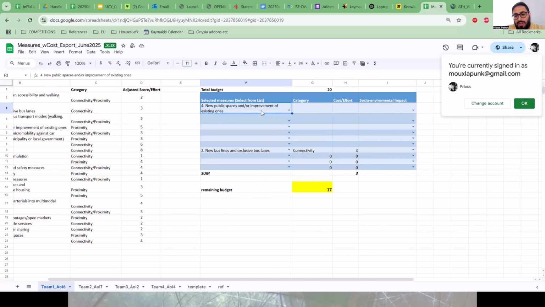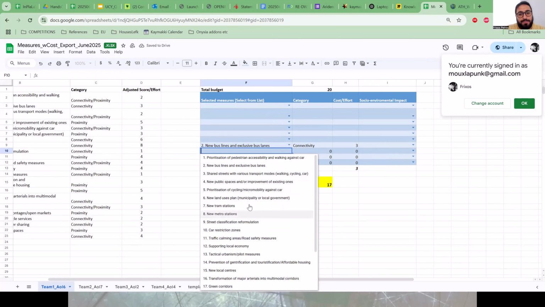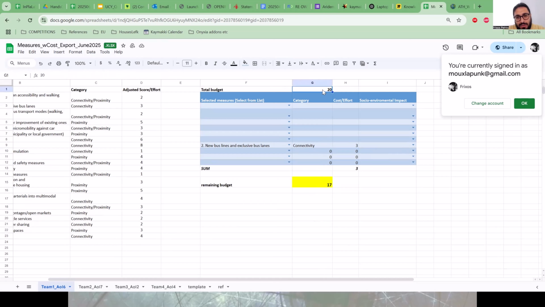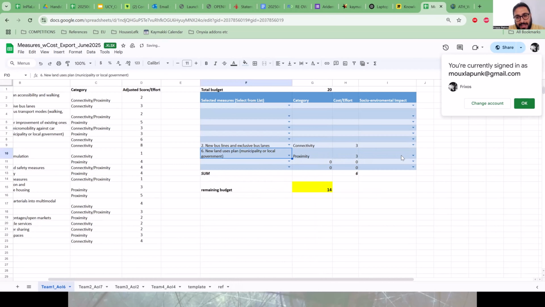So yeah, you will select the different interventions, and you can see you have a budget to abide by, which is 20 coins, let's say, and you have to not exceed it. When you select it, then automatically it finds what is the category of the measure and its cost.